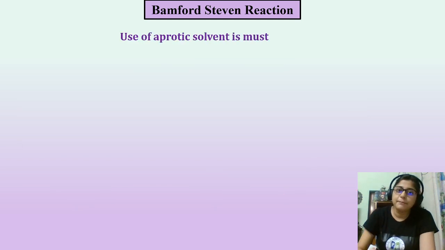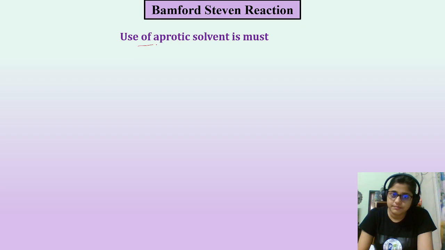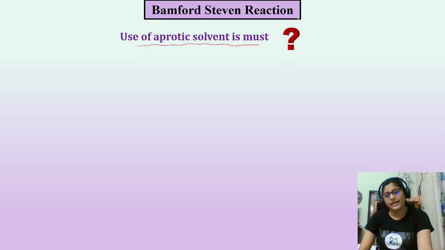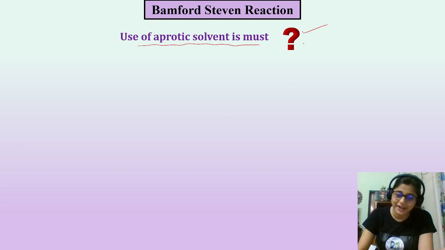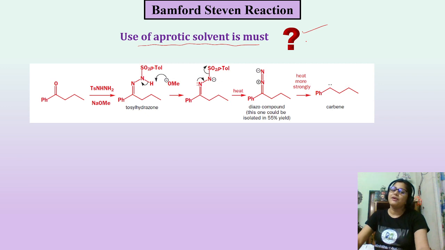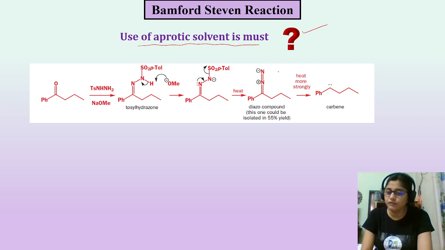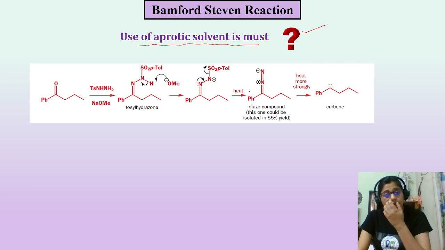Now, the use of aprotic solvent is a must here. Again, question: why? My favorite question is why. To understand it, again we should go to the mechanism, obviously, to explain anything. So if protic solvent is here, what will happen?